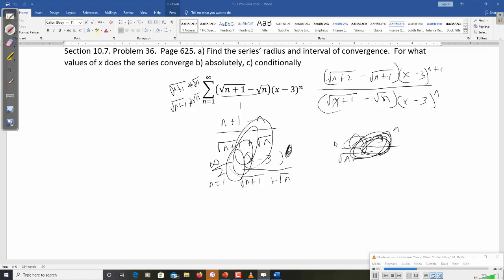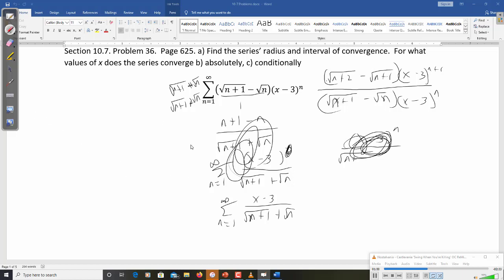Oh, I see. Yeah, let's work with this. Sum n equal 1 to infinity of x minus 3 to the n over square root n plus 1 plus square root n. It is better to have the plus in the middle. It removes the indeterminate aspect of it.